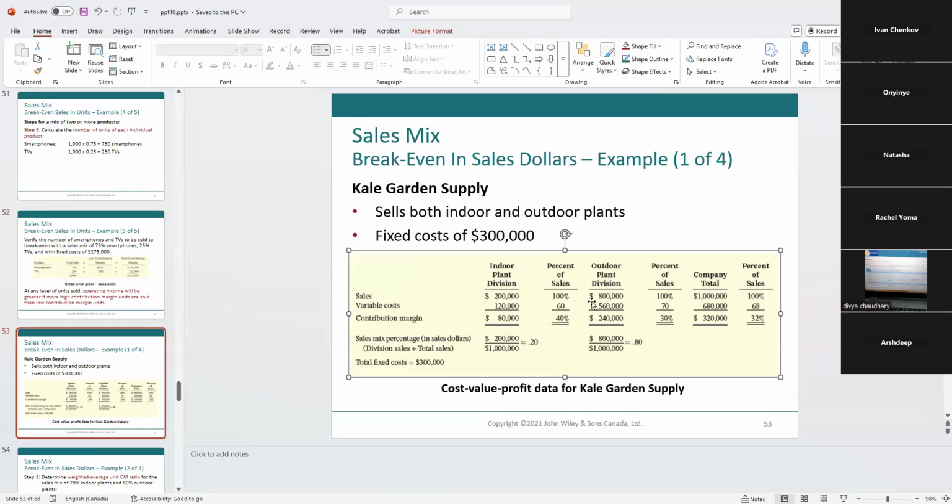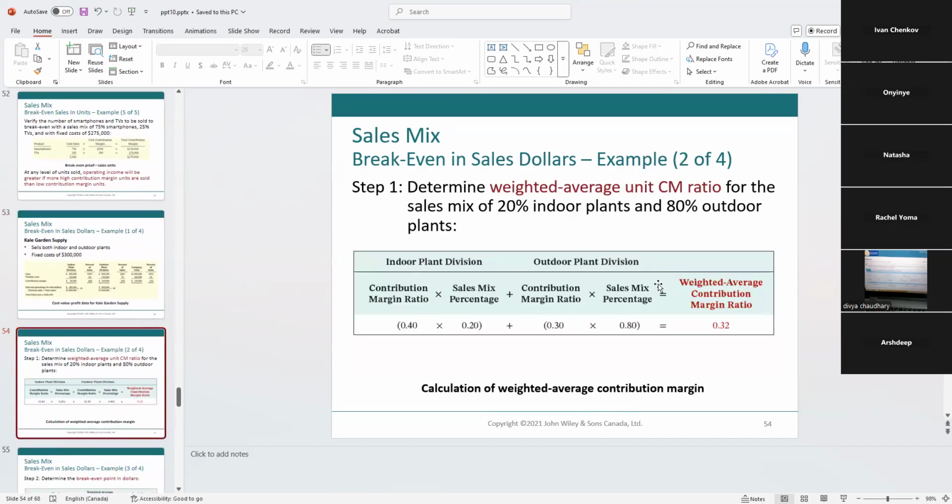We're going to see the percentage of the sales of each division: 20% of the sales belongs to indoor, 80% belongs to the outdoor. Once we have the percentage for every division, we get the weighted: 40% times 20 plus 30% times 80. And we get the weighted contribution margin ratio, which is 0.32.